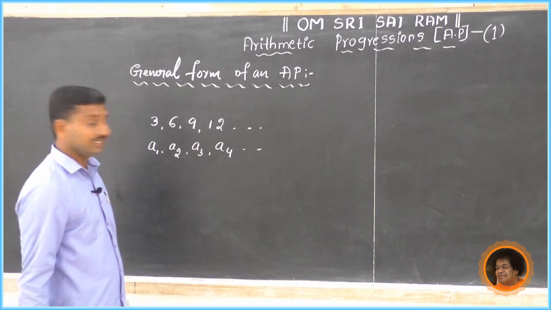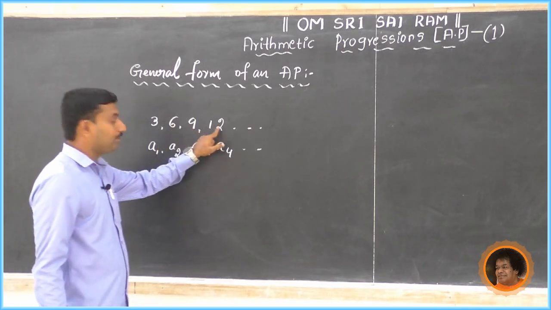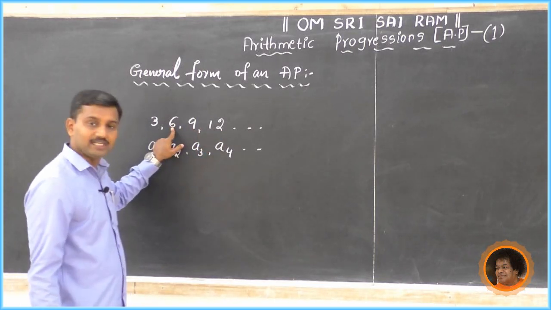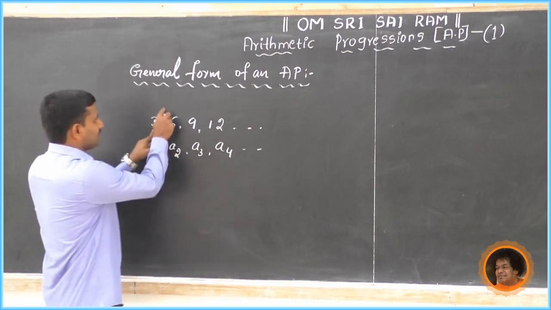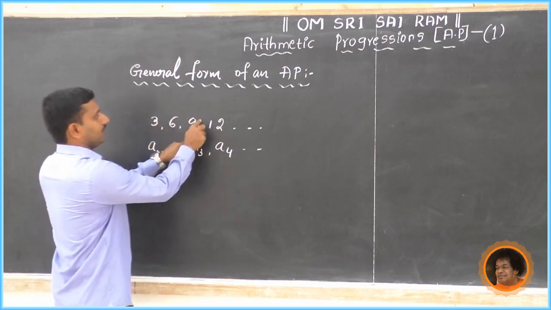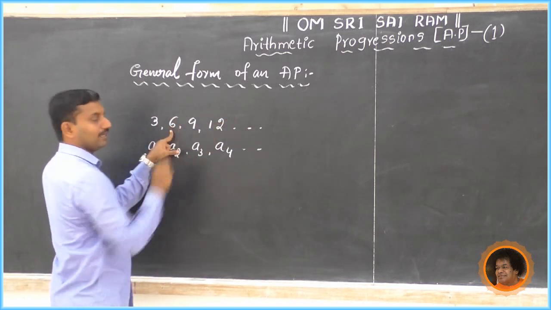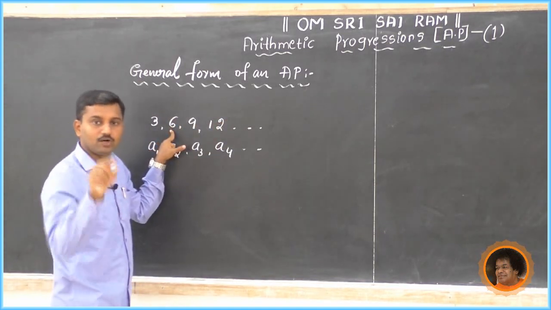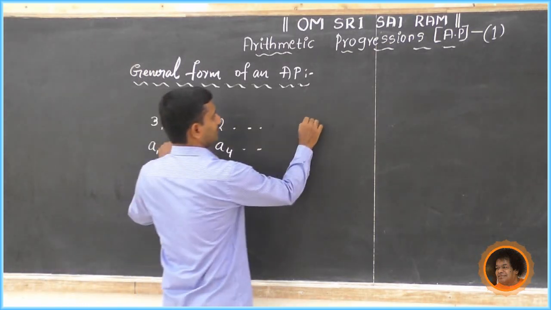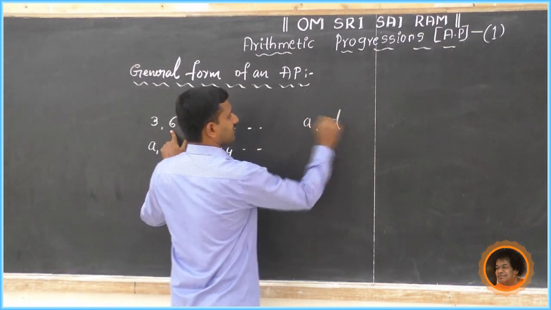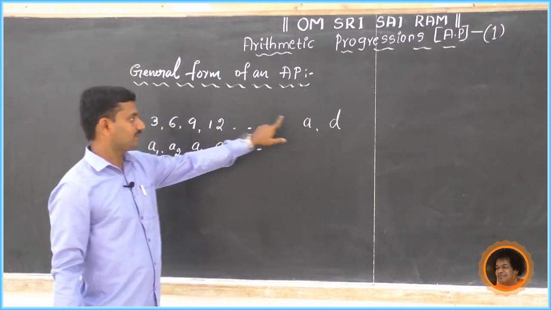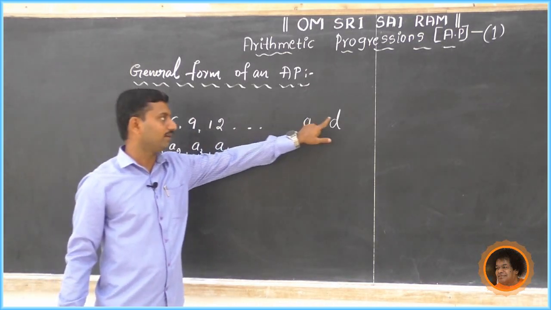In an AP, the succeeding term is obtained by adding a fixed number. So here 3 plus 3 is 6, plus 3 is 9, plus 3 is 12. Fixed number means that is a common difference. So the first term is A and the common difference is D. The first term is always denoted as A and the common difference is D.